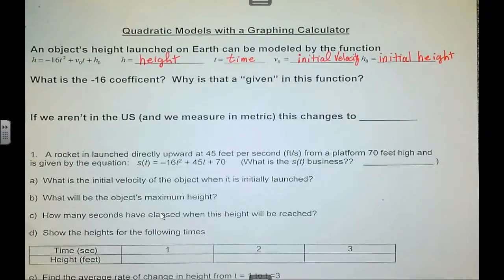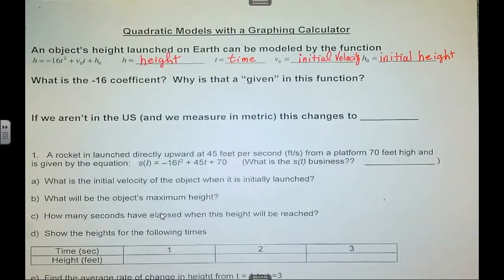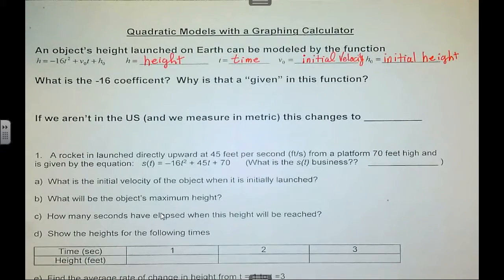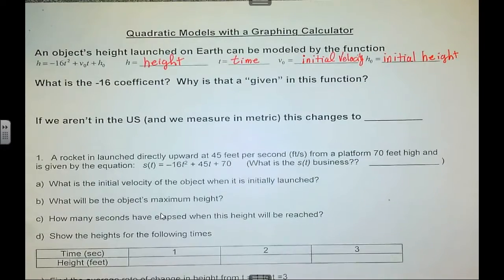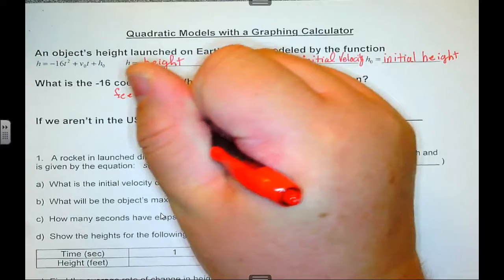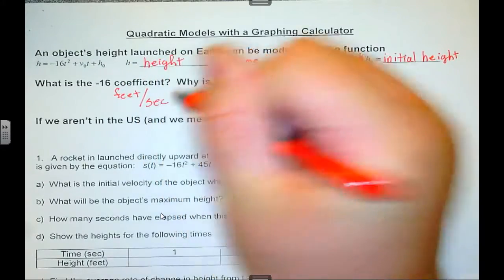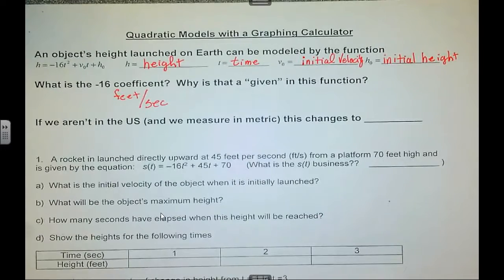Okay, what's that negative 16 represent? Anybody know? I'll give you the label. It's feet per second. Negative 16 feet per second.